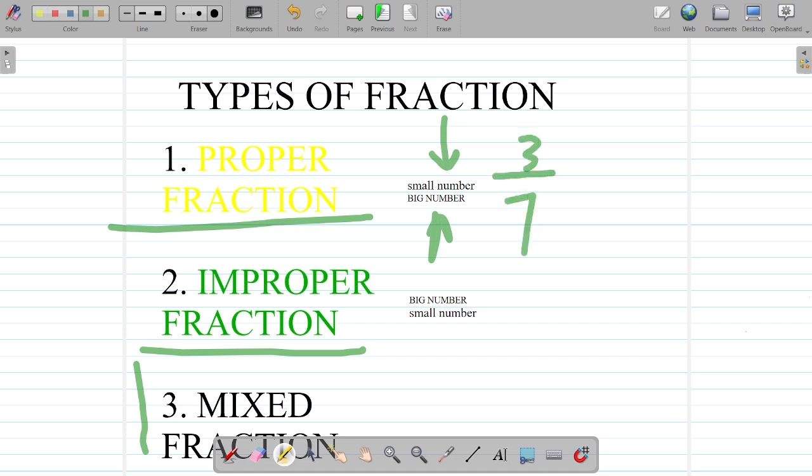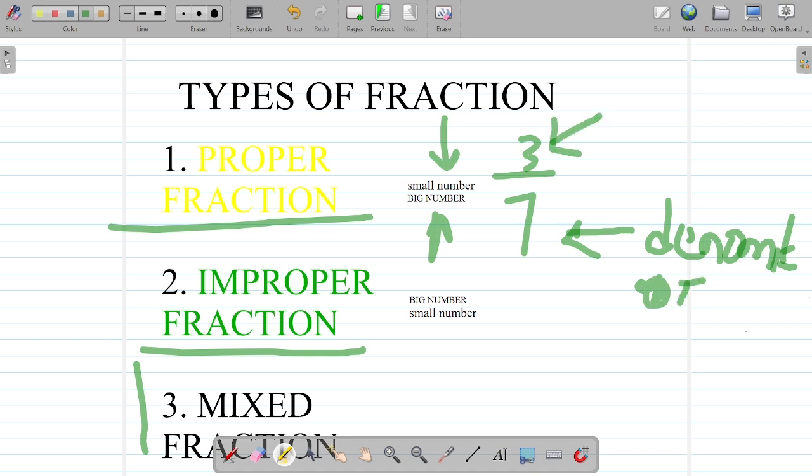And another thing you must know is this lower number is called the denominator, and the upper part is the numerator.